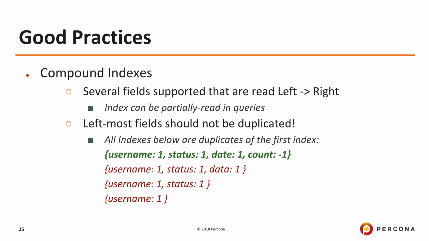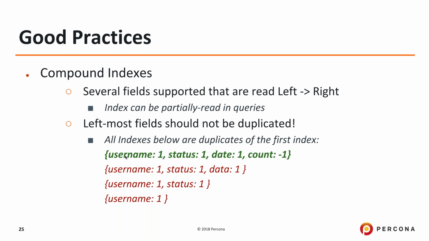Okay. So compound indexes, like most databases, you can have an index with many fields concatenated together, and Mongo will read them left to right. And that's important because they can be partially read. So in the green example, bold in the center here, we have username and 3 other fields.